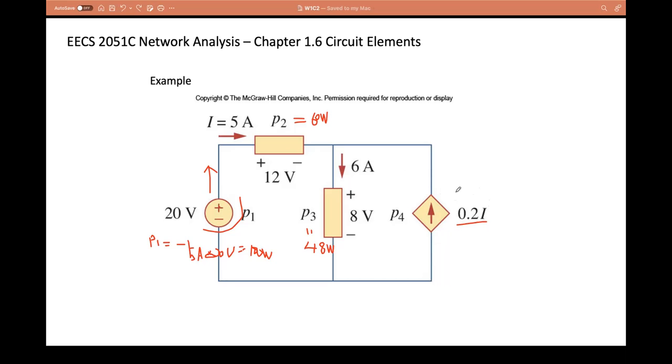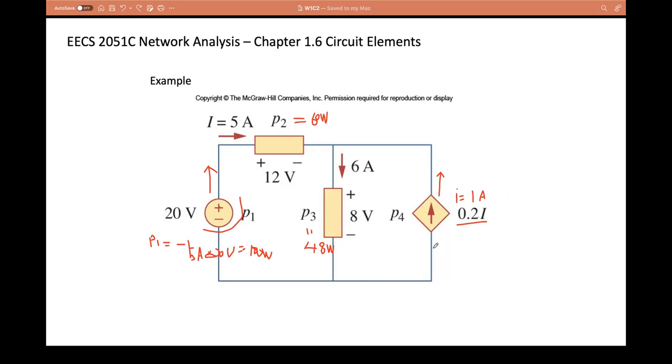So the current provided by this source is 1 amp. According to the arrow's direction, this current goes this way, so we have a current going up here with 1 amp.